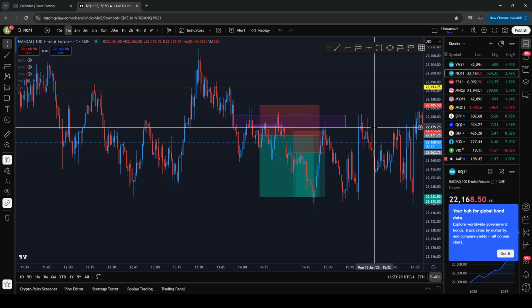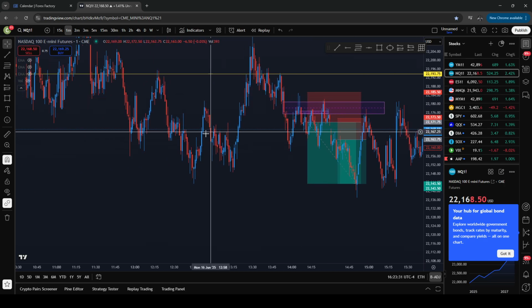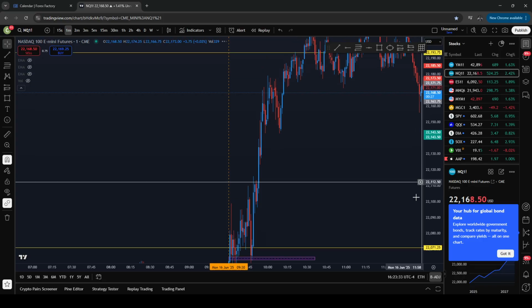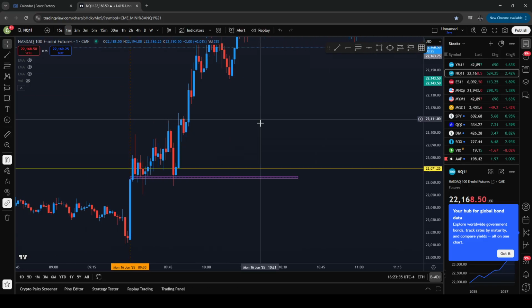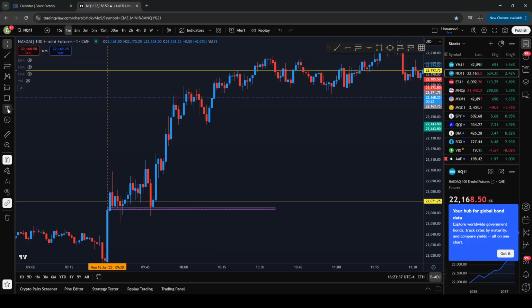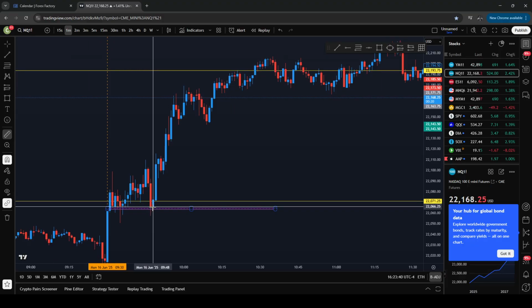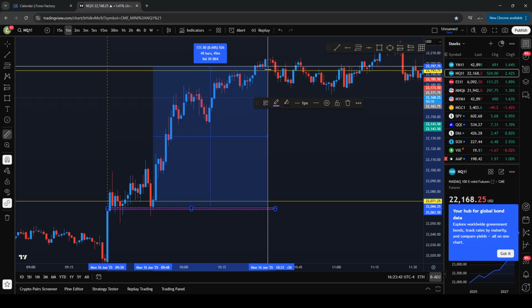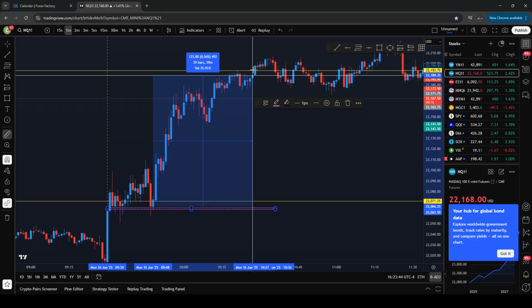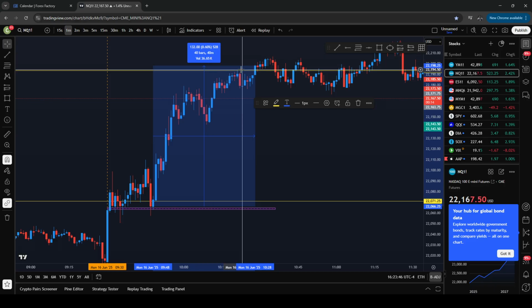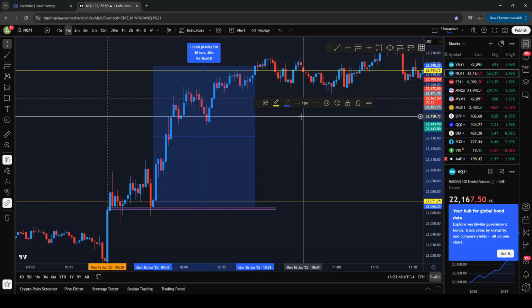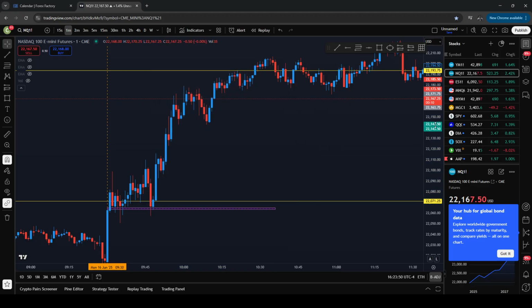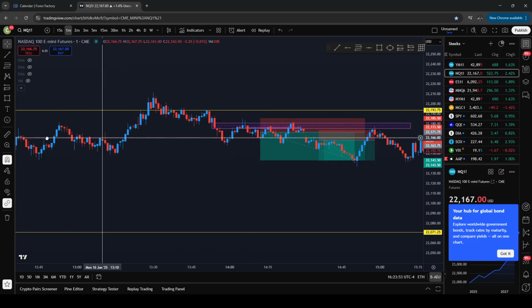But this is the trade I would have taken. If somehow you knew to go long here, you would have had a nice day. You would have gotten in right here and gotten out at these highs right here. 132 handles. That's a nice price run.